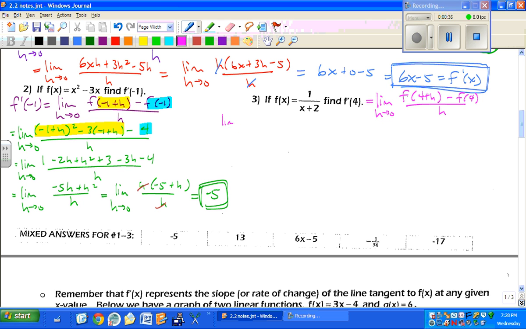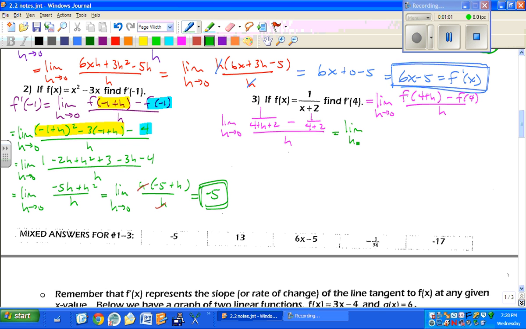So we get the limit as h approaches 0 of 1 over 4 plus h plus 2, right? Where the 4 plus h is taking the place of this x. Minus f of 4, we're putting 4 in the place of x, so we get 1 over 4 plus 2, and that's all over h.